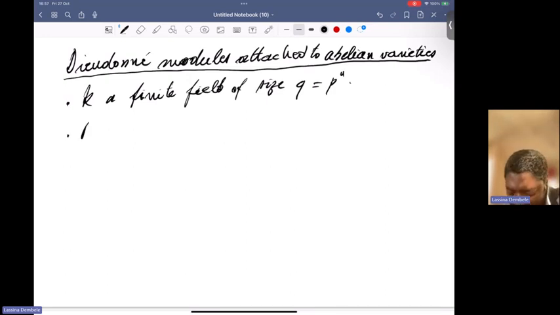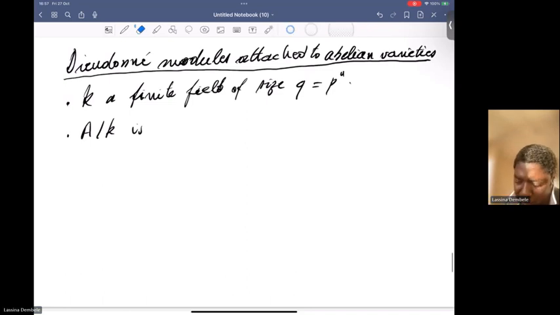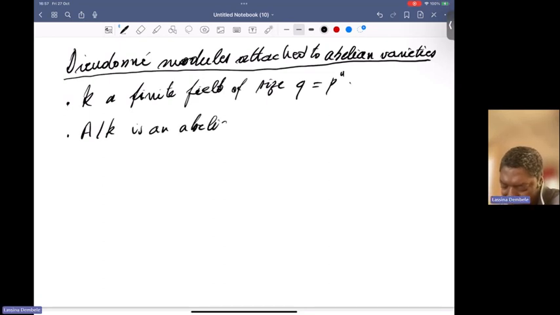Then A over K is an abelian variety of dimension g.